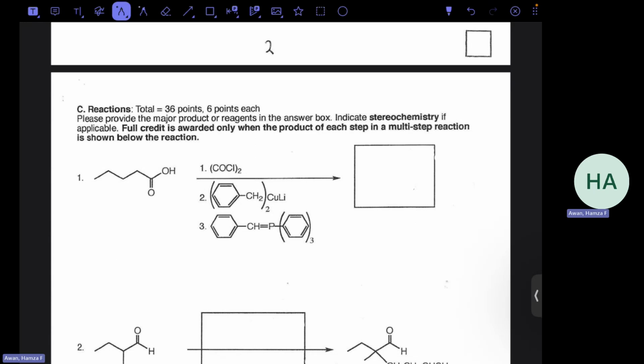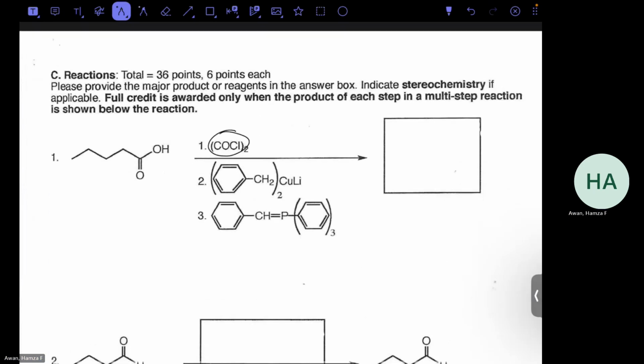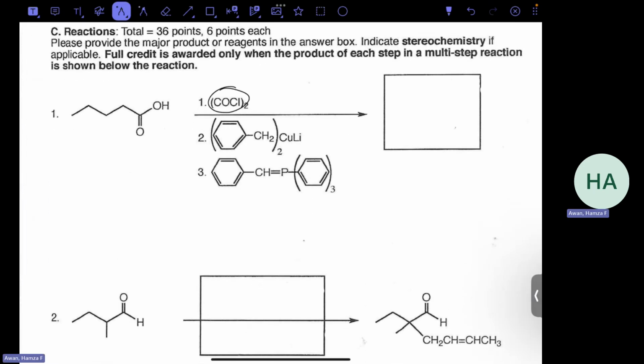So starting off, we have a carboxylic acid treated with SOCl2, right? I'm pretty sure we learned this last exam, and what it did was it turns this OH into a Cl. It becomes the acyl halide or the acid halide.